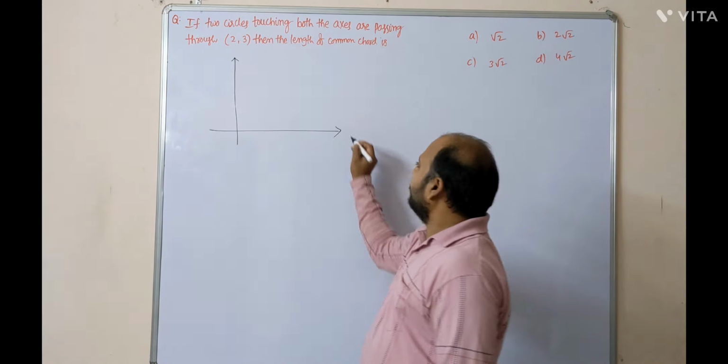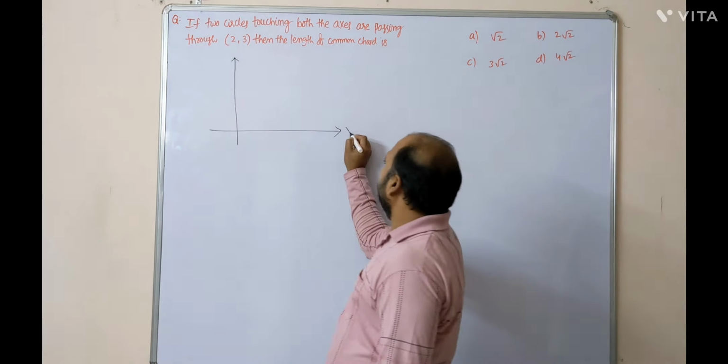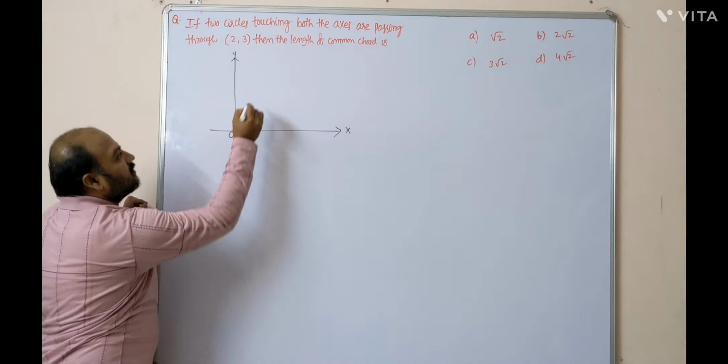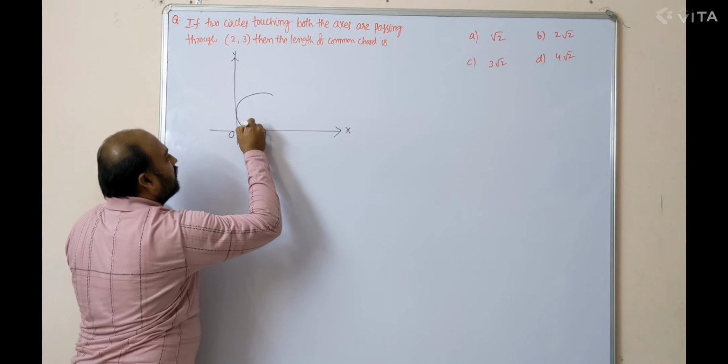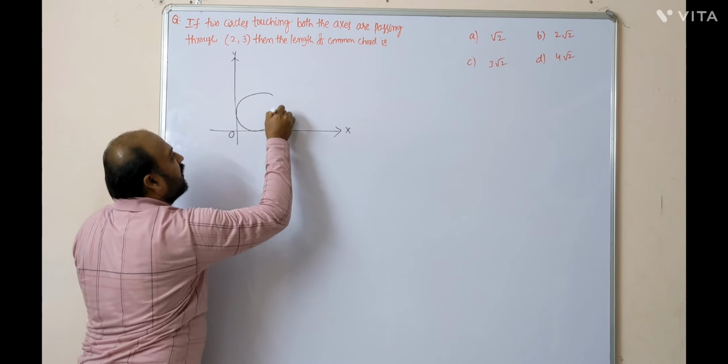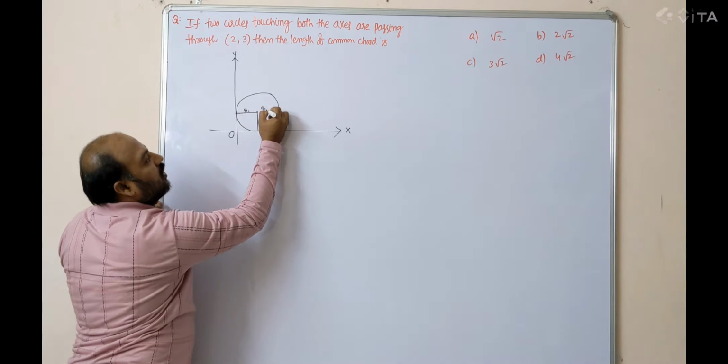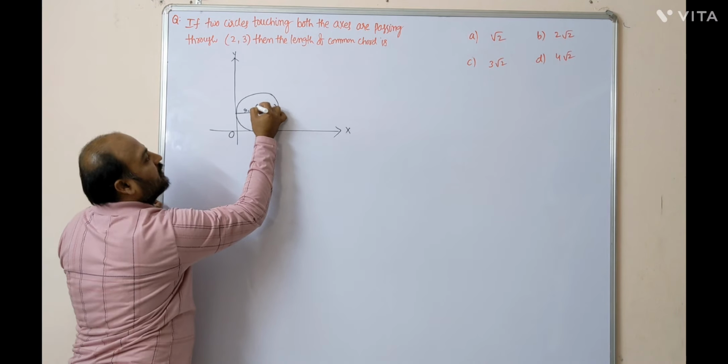Coordinate axes, x-axis, y-axis, origin. So this is the small circle I am taking, touching both the coordinate axes. For the first circle, I am taking the radius from here to here, it is R1. Here also R1. So R1 comma R1 is the center of the first circle.